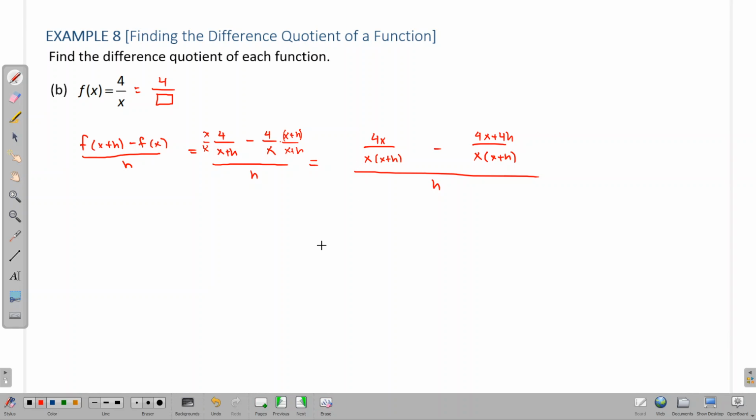Then we can go ahead and subtract. When you do the subtraction, again, be careful because this subtraction applies to both terms here. In other words, if I do this a little slower, this really says this. There's really parentheses around this so that that negative gets applied to all of it.